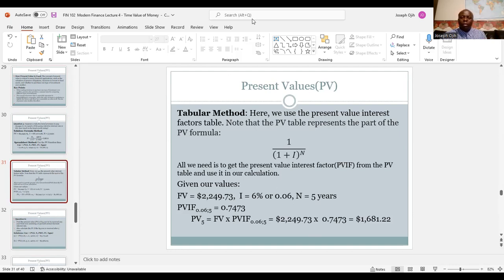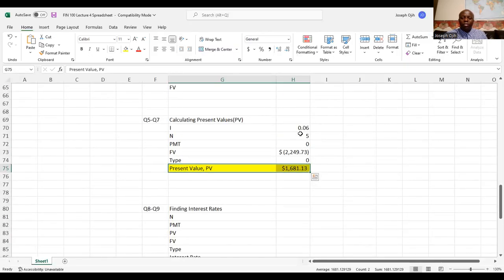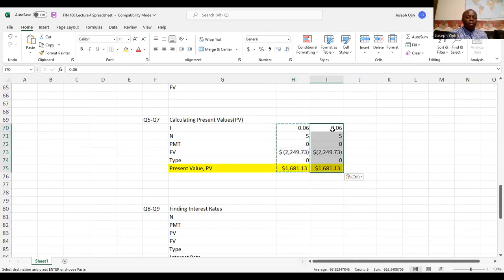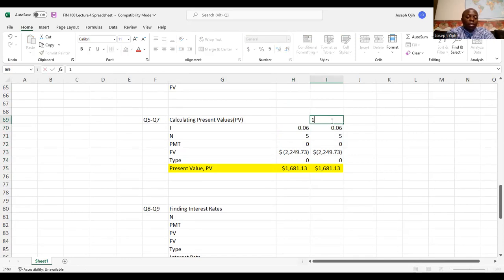Now, I want to show you why I love Excel. Using Excel to get this. Suppose that we want to recalculate this using a different interest rate. We can copy this and paste it here. Let's say 7% or 10%. I can write 10% interest rate.